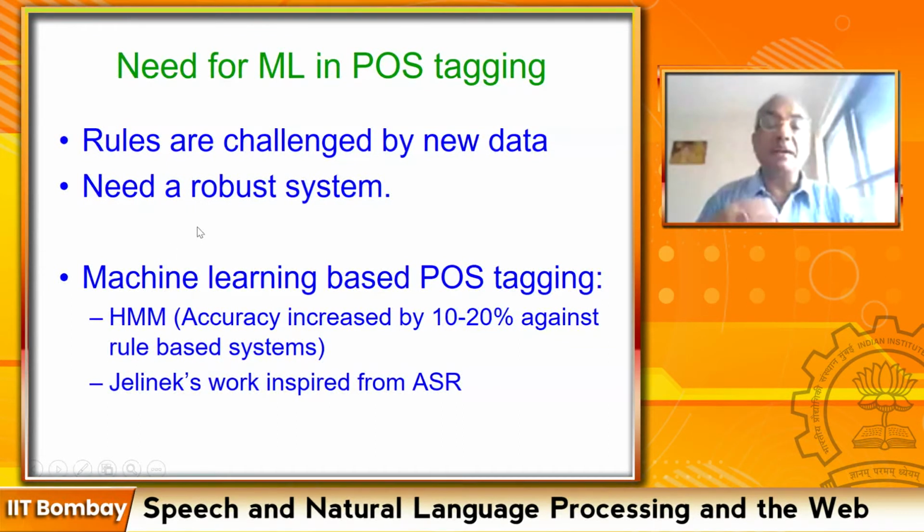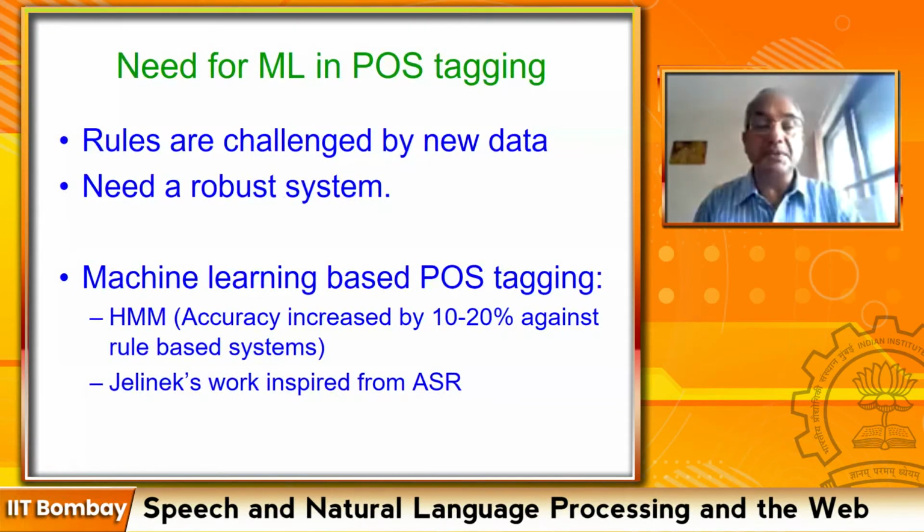And there were many attempts at creating a part of speech tagger by this kind of rules. A linguist would sit down and give this kind of rules for solving the part of speech tag problem. But always new instances would come and challenge that rule, and the rule would be found to have holes in it, okay, shortcomings in it.